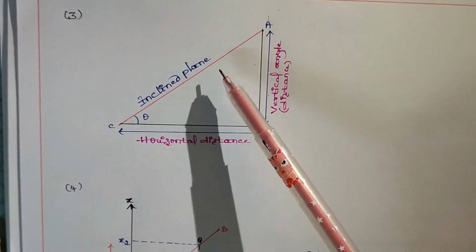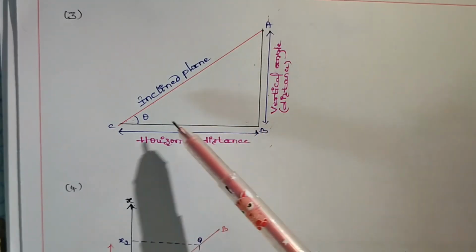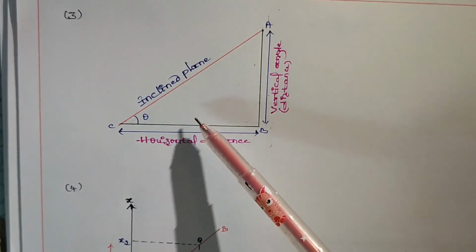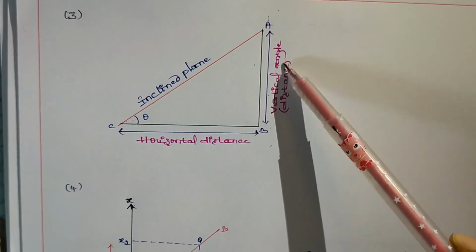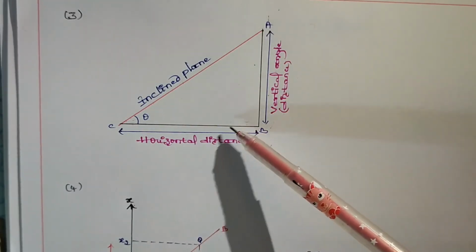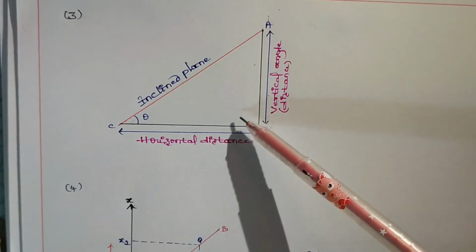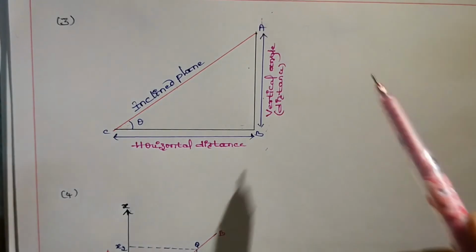Tan theta of the angle is the ratio of the length of the vertical side to the length of the horizontal side. It is the same as the rise to the run, the slope of the line.